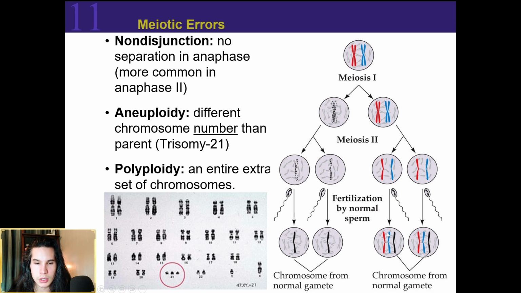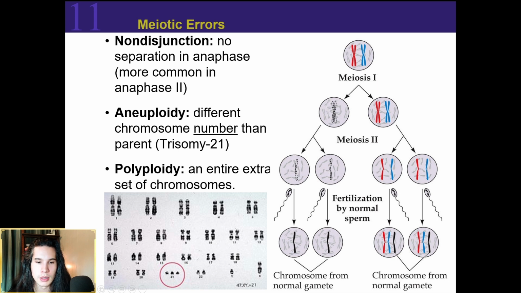So we would call this mechanism aneuploidy. This is just where you get a different chromosome number than your parent. A really common example of this is trisomy 21. Tri meaning 3, trisomy 21. So if you look at the karyotype here, this organism is going to have 3 chromosome number 21 rather than 2, which is different from its parent, therefore making it a form of aneuploidy.